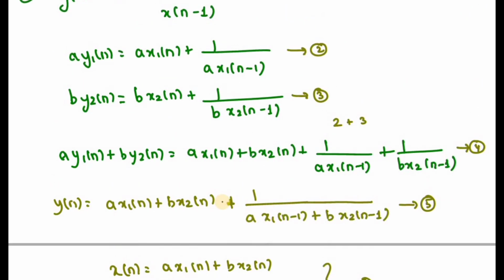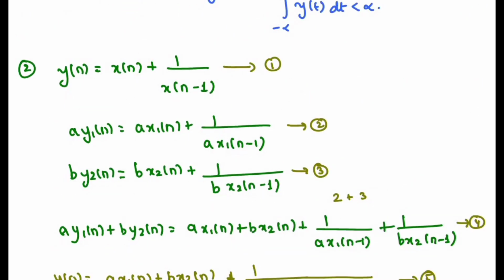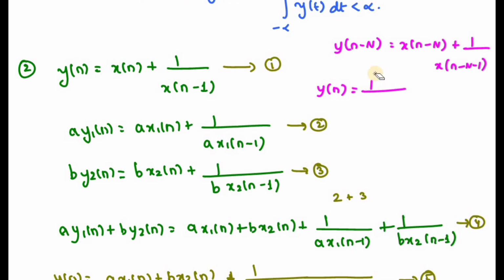Again, if you see this equation, if I shift the input x of n by capital N, I will get x of n minus N plus 1 divided by x of n minus N minus 1.